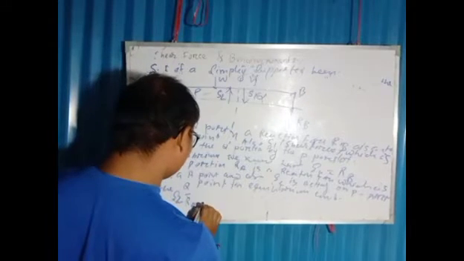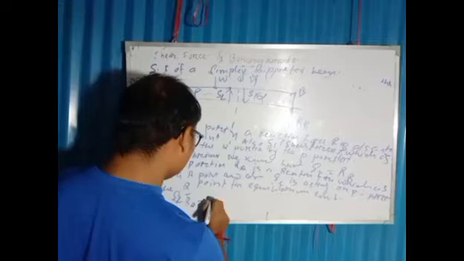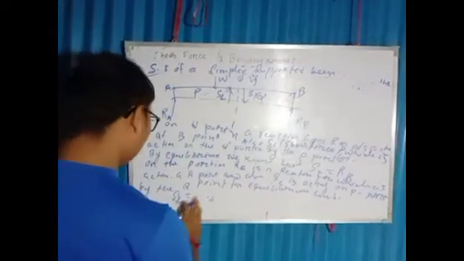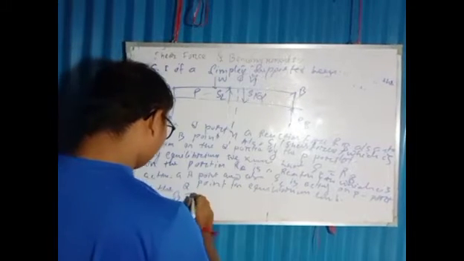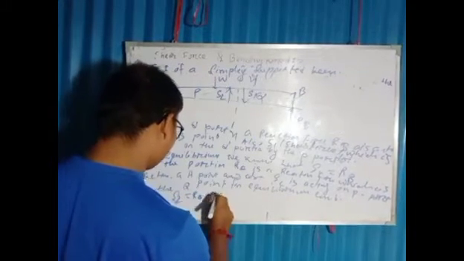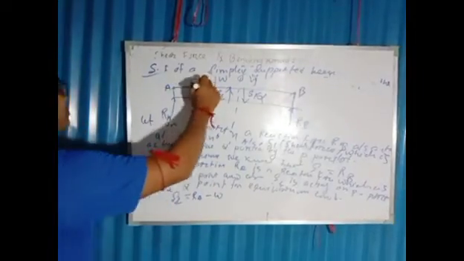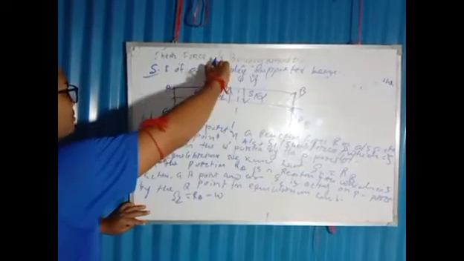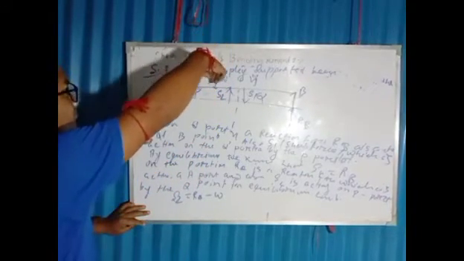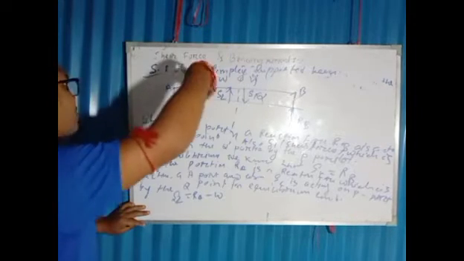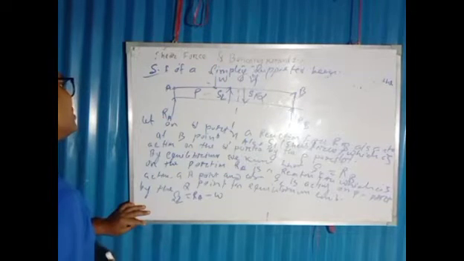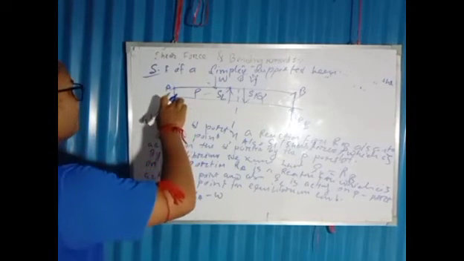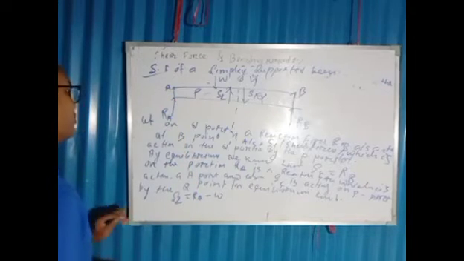Let's take RA as positive and W as a negative force. Sorry, it's not written properly. RA minus W. Why have I taken minus W? Because we take the W force as acting in the clockwise direction, so it has a negative sign. The forces acting in the anti-clockwise direction are taken as positive.